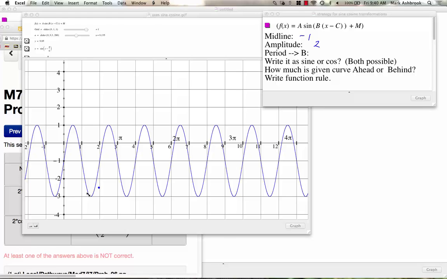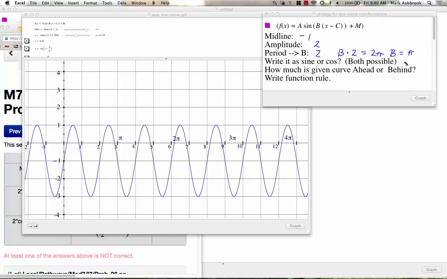And then back down. When does the cycle start over? At 3? At 2, right? So the period is 2. And so then we're saying what coefficient times our period will give us an angle of 2 pi, so B is pi. Do the easy one first.